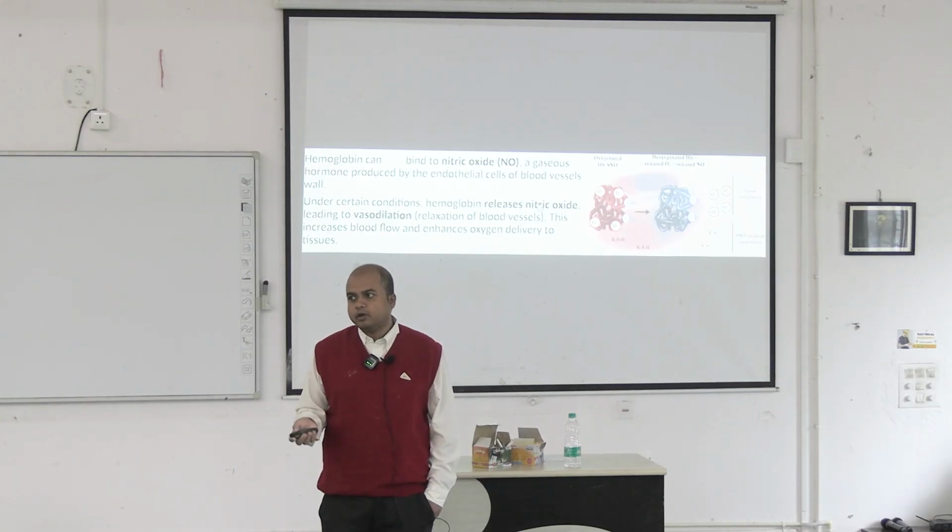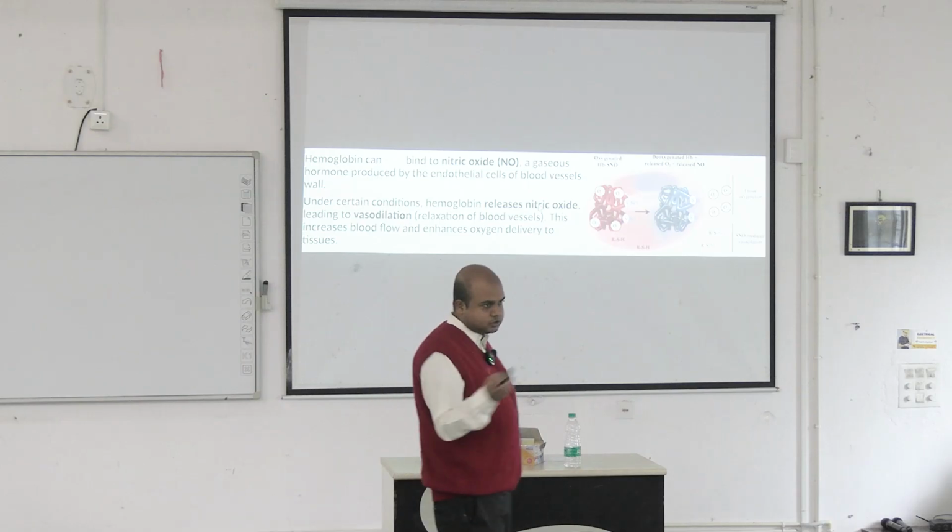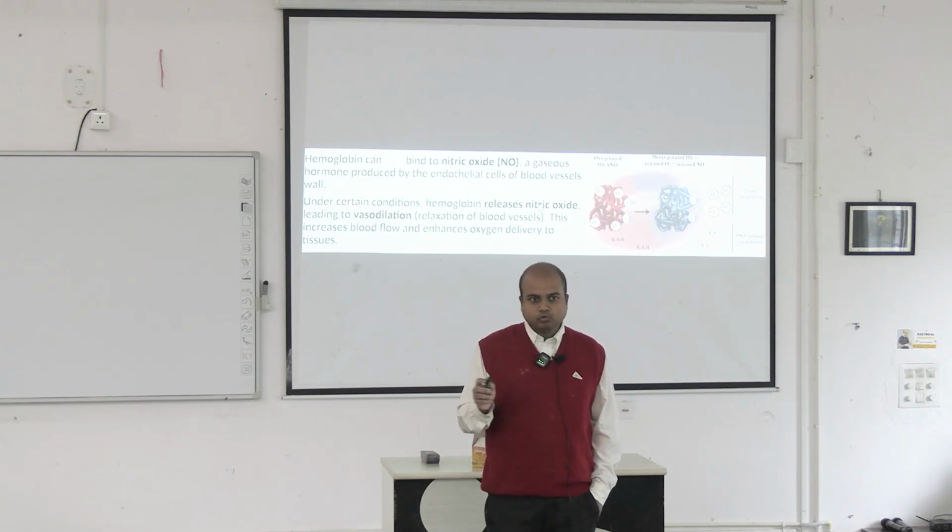Delivery of nutrients also gets hampered. So along with carriage of oxygen, carriage of carbon dioxide and buffering action, we should also mention regulation of blood flow as one of the important functions of hemoglobin, but probably not resistance to diseases, those are just pathological conditions.